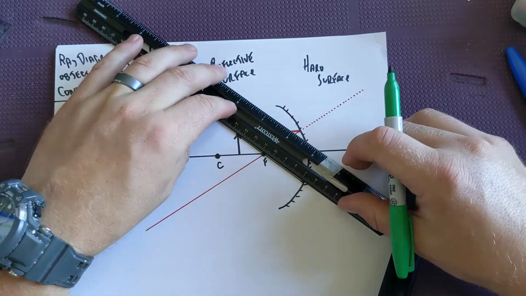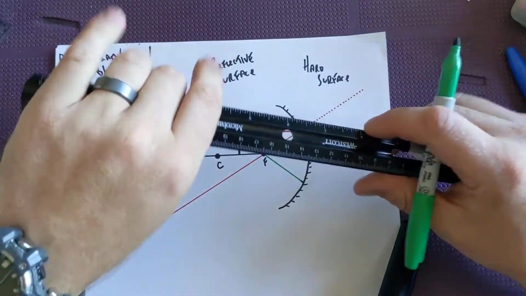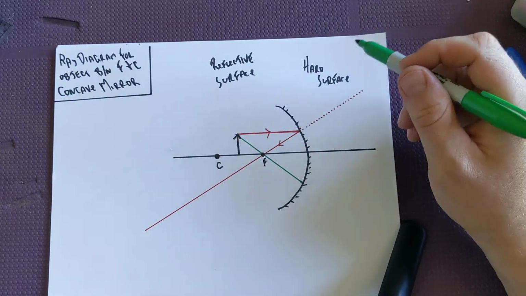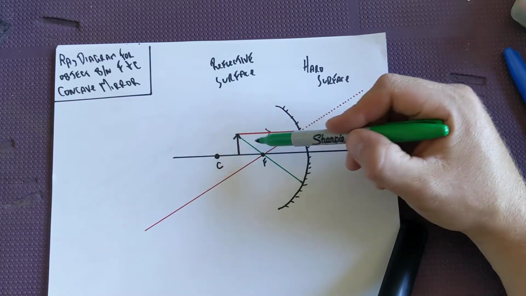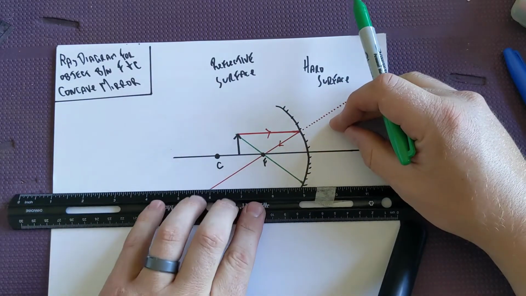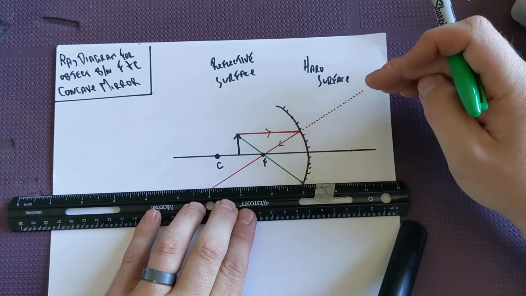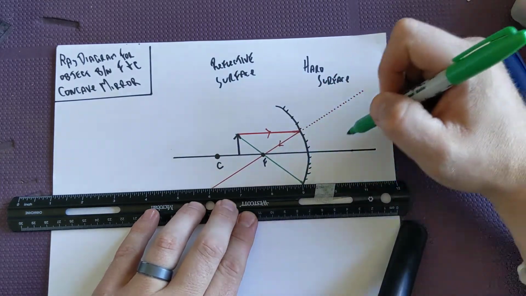So I just want to make sure we're doing it right. So you can see maybe it's not totally accurate because I didn't start at the very tip, but we're going to do our best. Anyways, so the ray travels from the point through the focal point and then hits the mirror, and the reflection is going to bounce straight back, again, parallel to the principal axis.